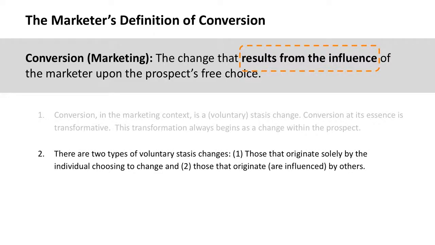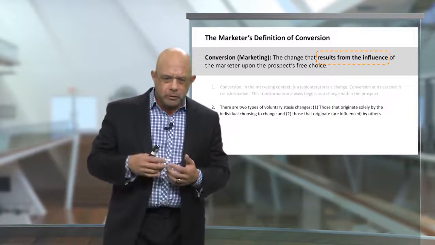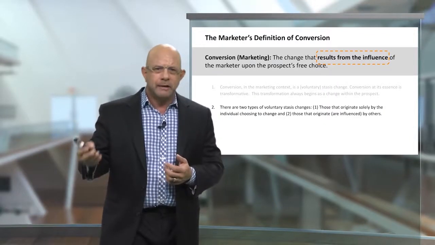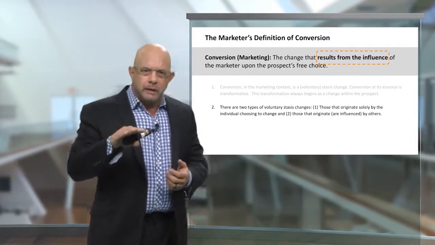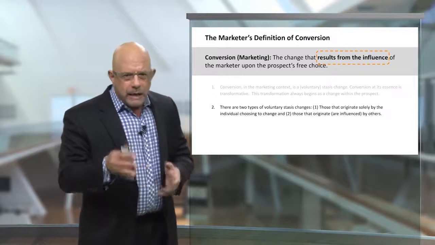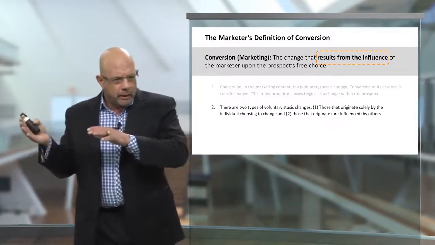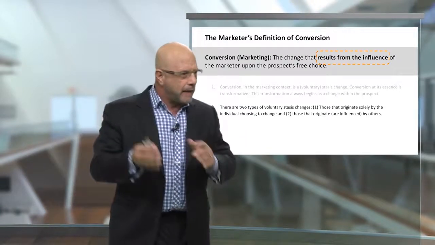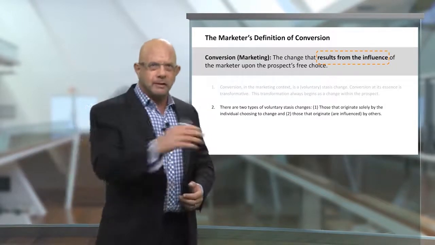Now, all conversion doesn't engage that particular activity, the influence activity. Sometimes conversion occurs because the individual makes a choice mostly on their own, without particular outside or overt or intentional outside influence. But in the marketing activity, we must somehow influence a party with free will to make a choice, to say yes, and thus, in responding, in actualizing that yes, changing their stasis.